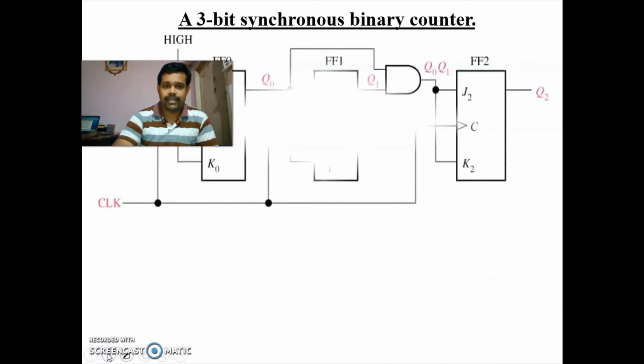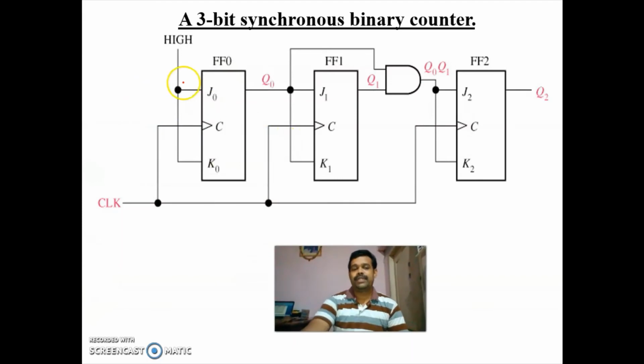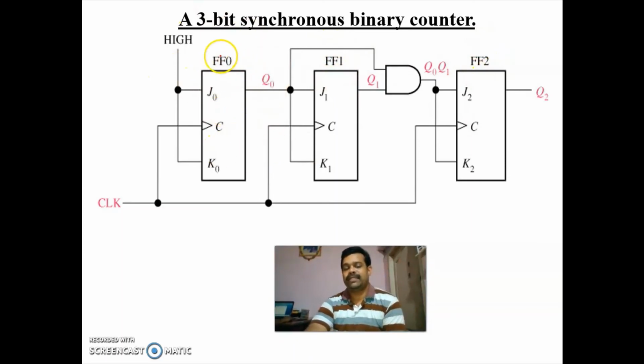This is a 3-bit synchronous counter. So you check the diagram. Here you are having 3 flip flops: flip flop 0, flip flop 1, and flip flop 2. For the first flip flop, we have connected J and K to 1, and we have provided clock simultaneously to all the flip flops. For flip flop 1, we have connected the output of flip flop 0.